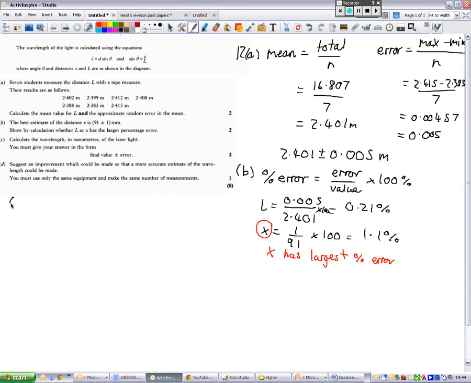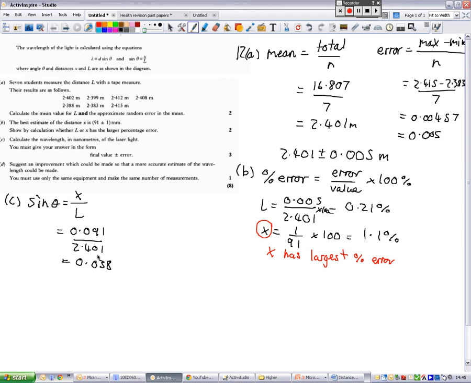So do part C down here. You need to calculate first of all what sine theta is. So sine theta is x over L, which gives 0.091 divided by 2.401, giving 0.038. Your value of x is 91 millimeters, so you just converted that into meters. L is 2.401, that's just values that we've been working with already.